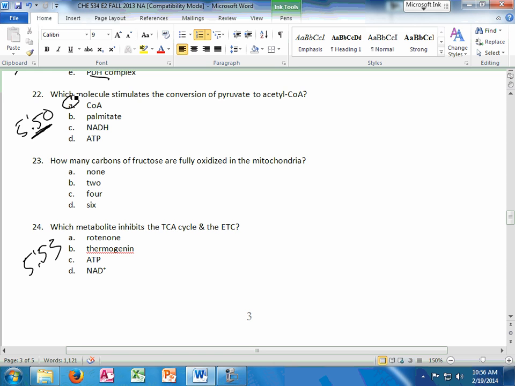How many carbons of fructose are fully oxidized in the mitochondria? That's going to be 6. We're talking about fully oxidized, so the 6 are going to enter.